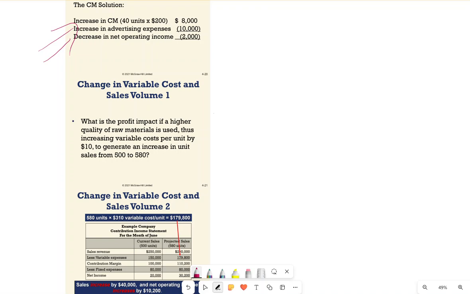Now, if there's a change in variable costs and sales volume, what is the impact on my profit and my operating income? So the next part of the question is, there's a change in variable cost and a change in sales volume.